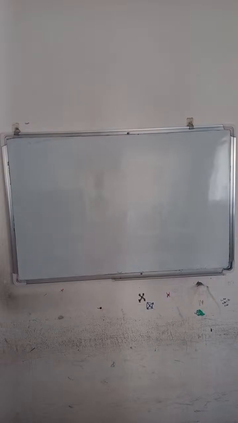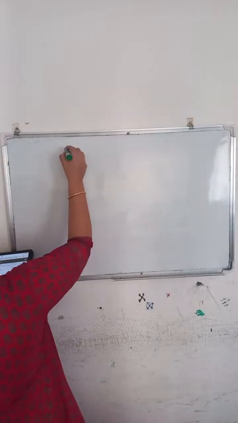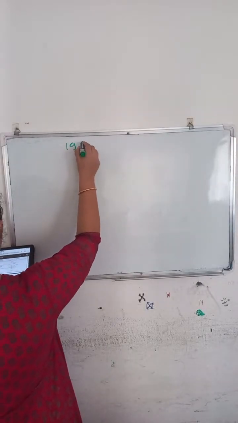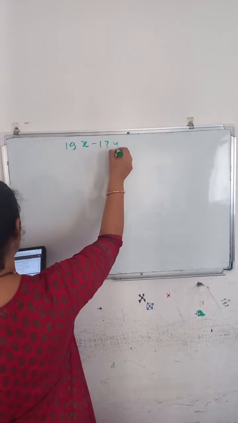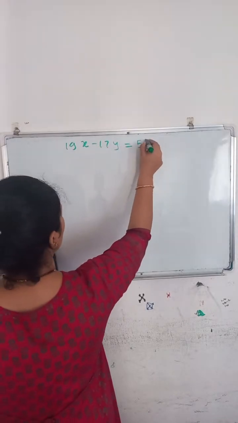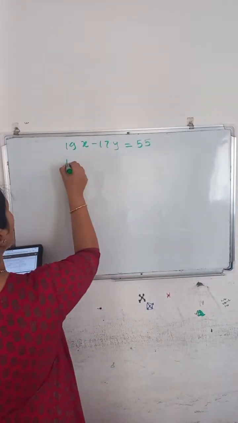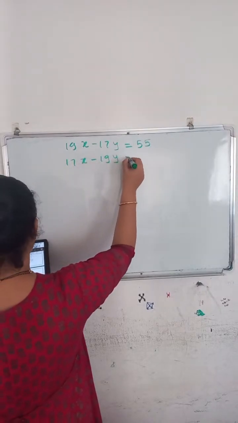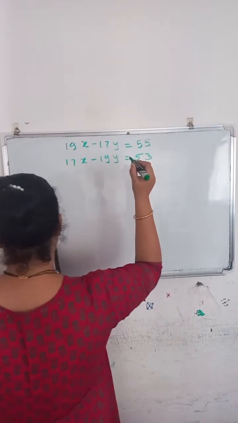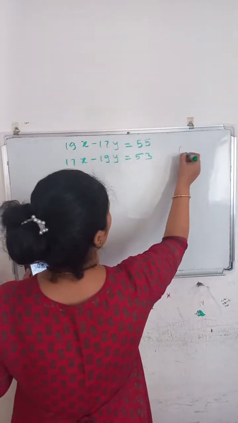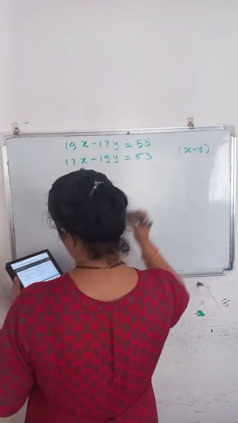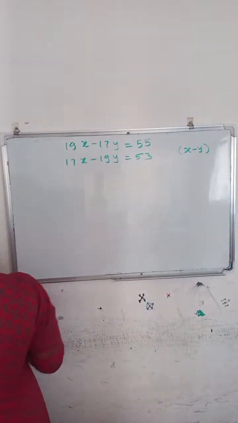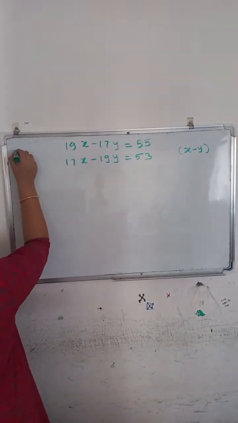19x minus 17y is equal to 55, and 17x minus 19y is equal to 53. Find the value of x minus y. Options are given.